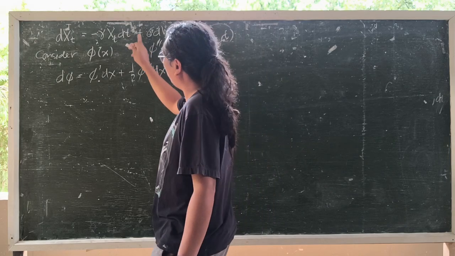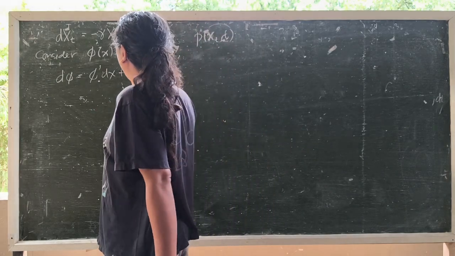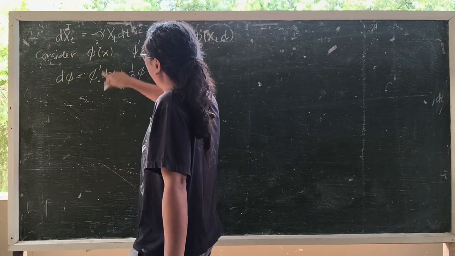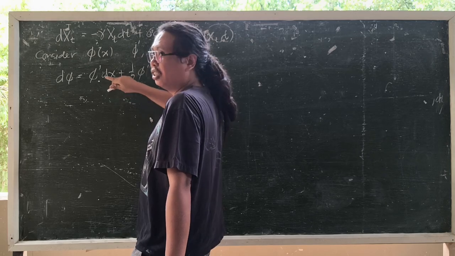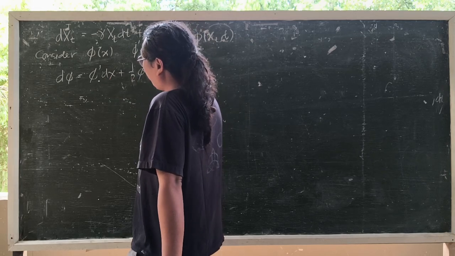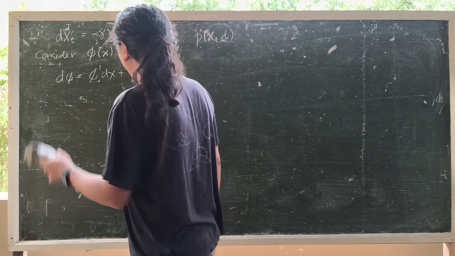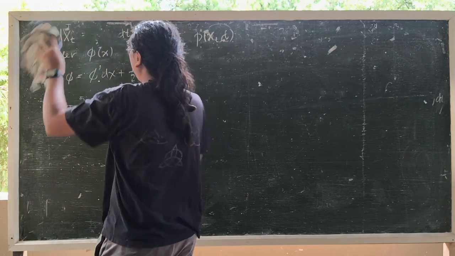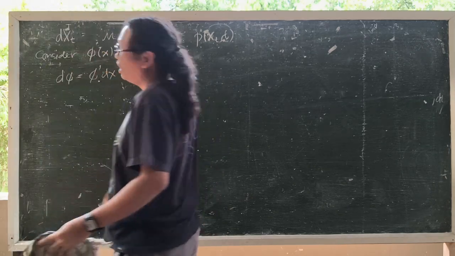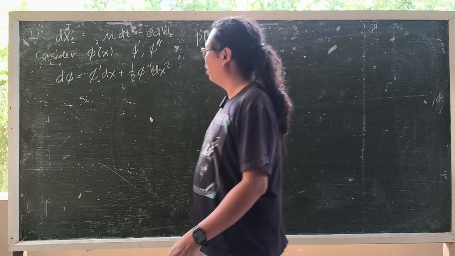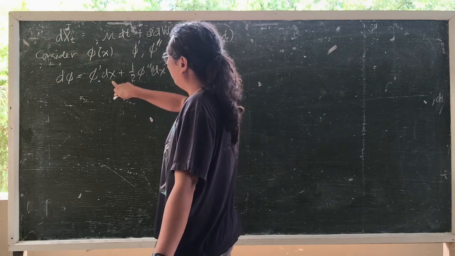If we substitute dxt here, what do we get? Here we'll just take mu to simplify this, mu dt, the general stochastic. Okay, we substitute this here.